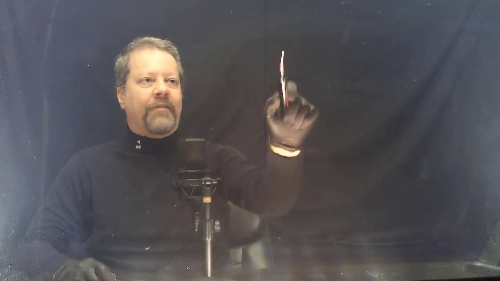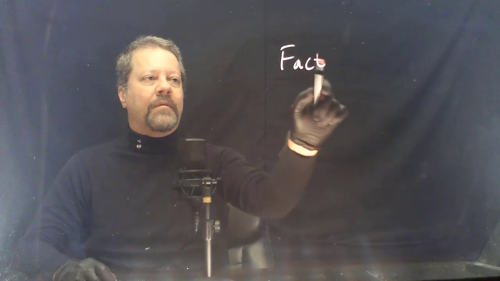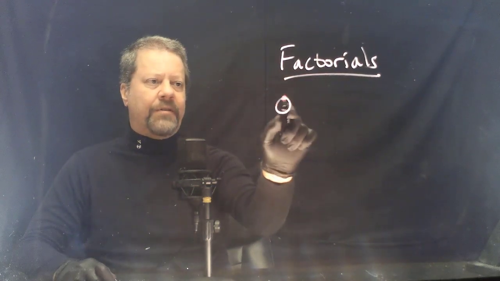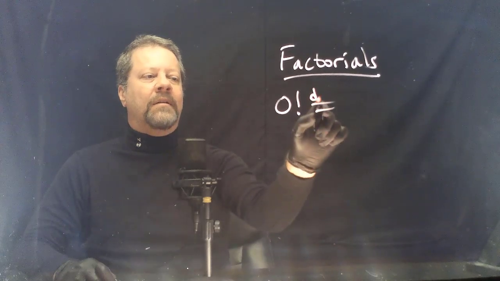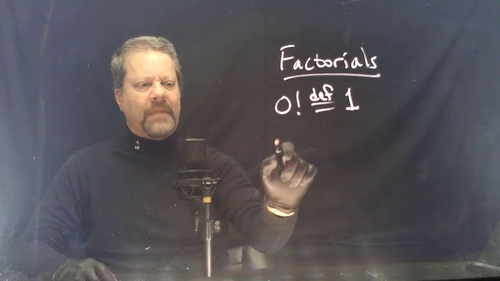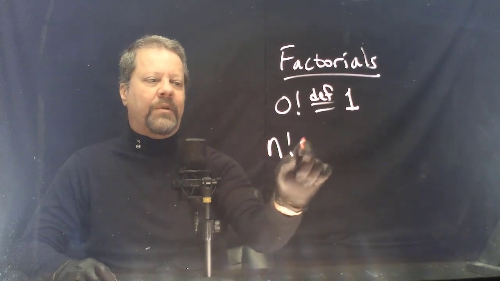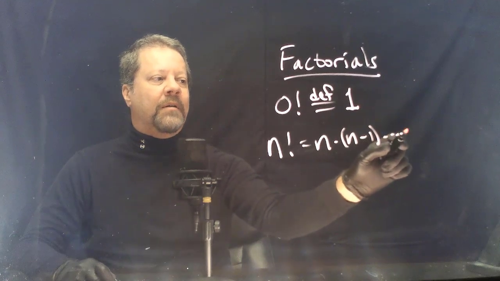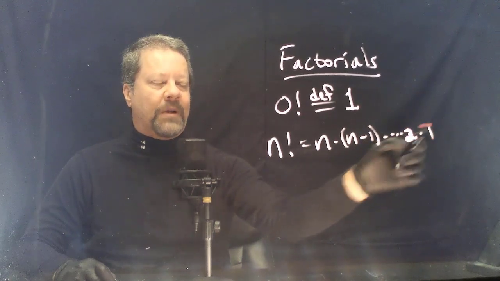You'll need to know about factorials. So 0 factorial is, because I said so, 1. Usually n factorial would be n times n minus 1 times n minus 2, all the way down to 2 times 1.